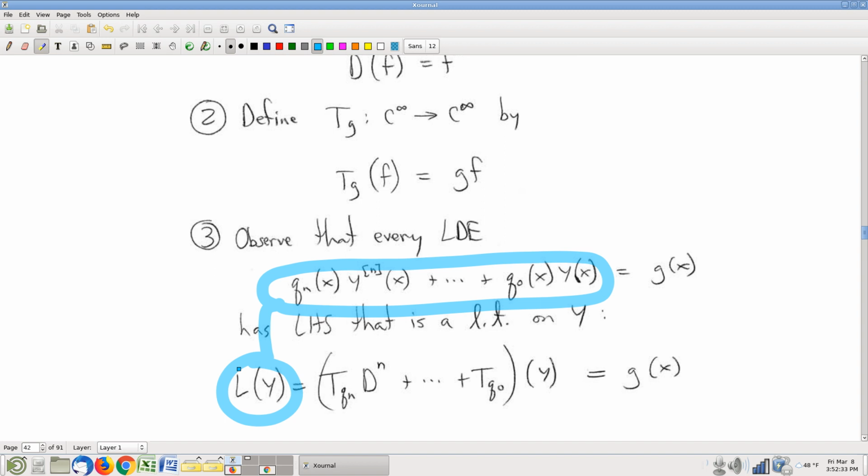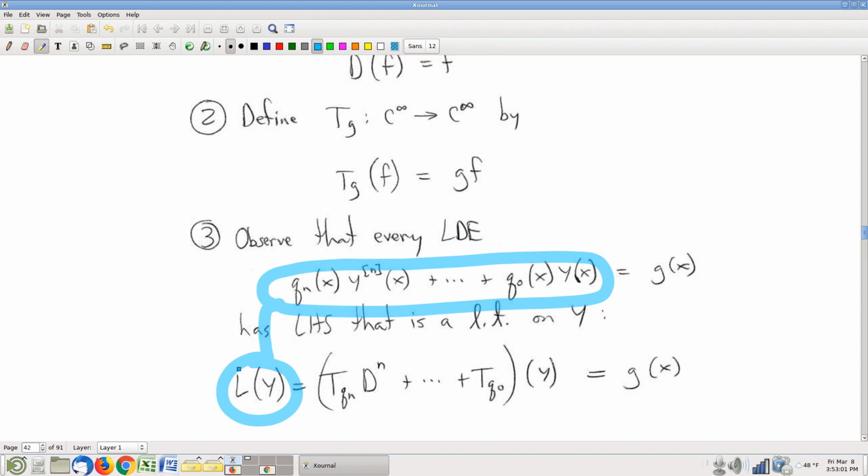I mean, the left-hand side here is this great big monster of terms, and it's clunky, and it's very convenient just to describe it as L of y. In other words, L says, whatever y you give me, do all that junk. That's what L of y is. Nice shorthand. We proved a long time ago that's a linear transformation.